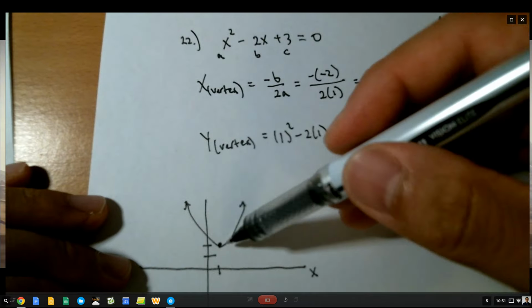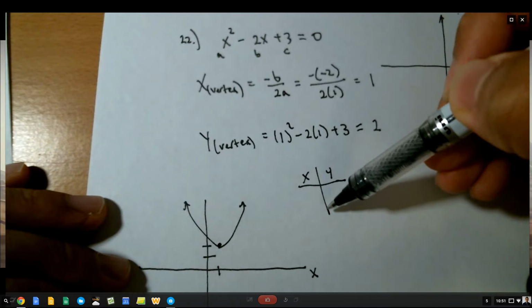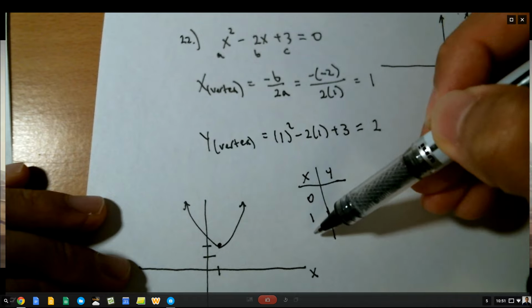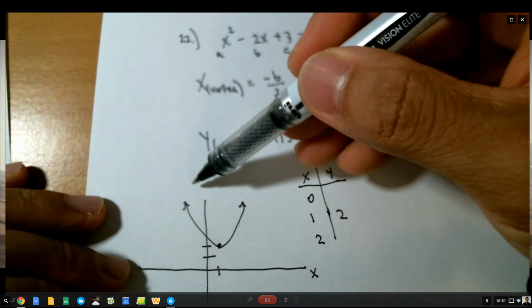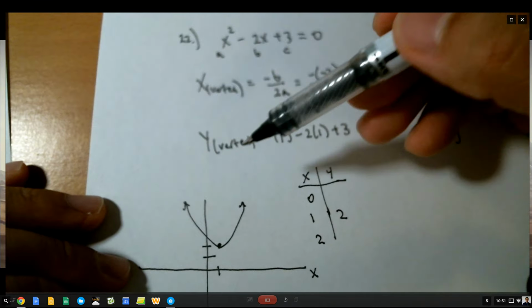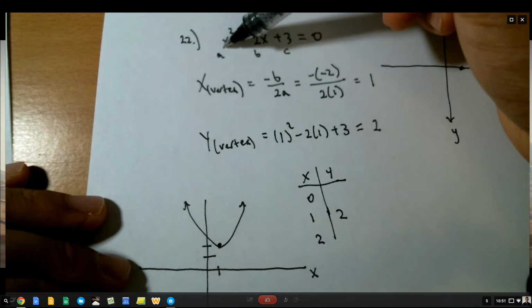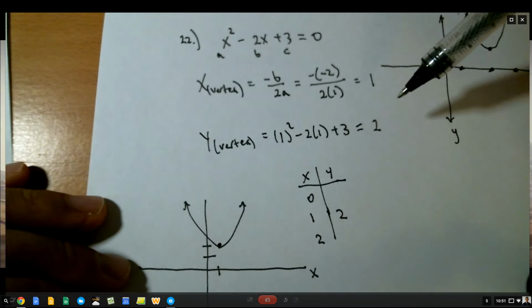But if you're not certain, you can always make a table. Pick any 2 points that you like. So we have the vertex 1 and 2. You could pick 0 and you could pick 2 and graph 3 points to see if it's actually pointing up. But we can just tell from the equation itself that since the a value is not negative, this graph has to be pointing up.